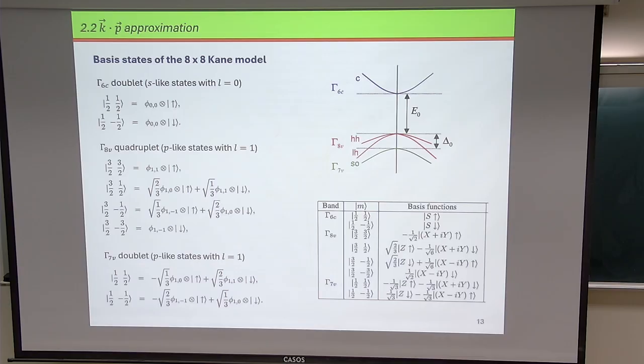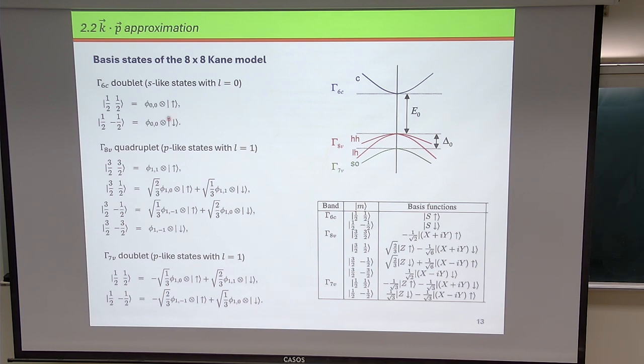Again, this number here corresponds to J, the total angular momentum quantum number, which in that case is 1/2, and Mj is 1/2 also. So we have different combinations of J and Mj, and this doublet is for the conduction band, so L equals 0.